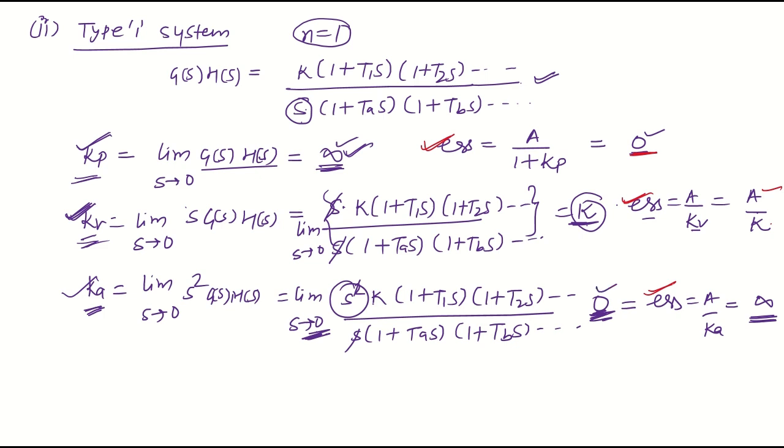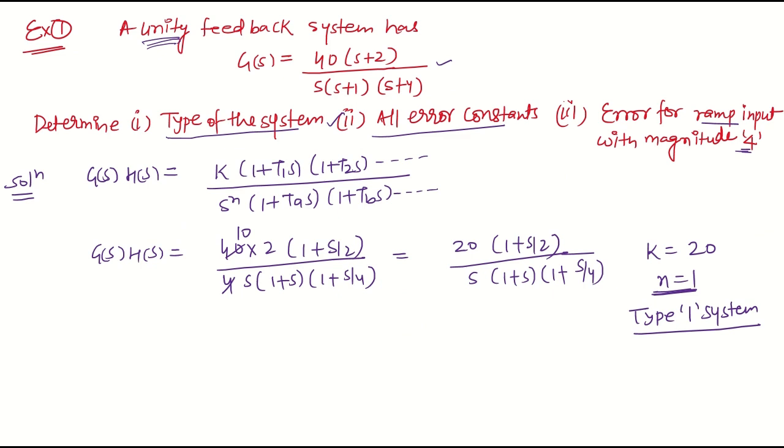So let's go back to the question. Here the value of Kp is infinity, the value of Kv will be K, which is 20 in this case, and the value of Ka will be 0.